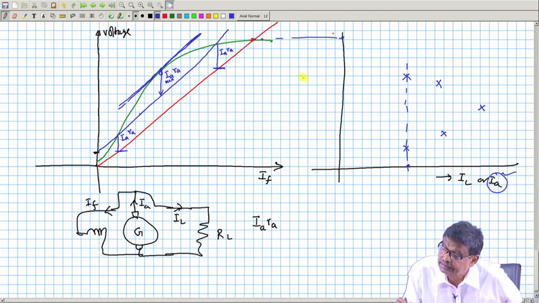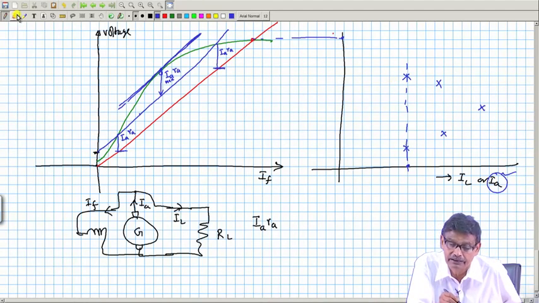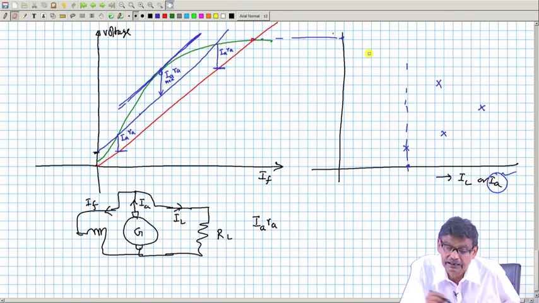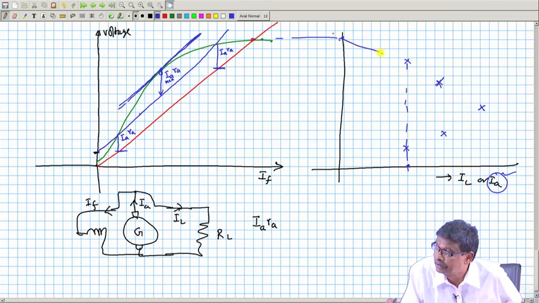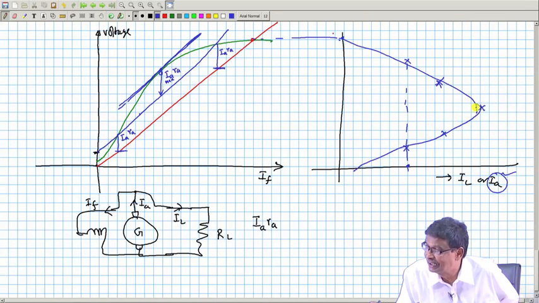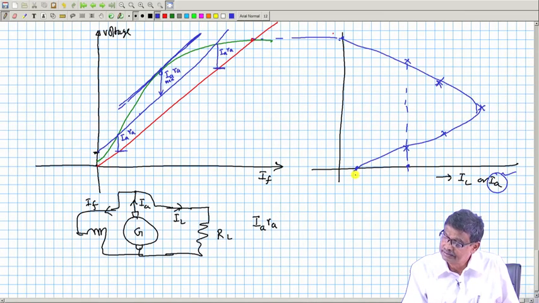and your characteristics will therefore, I will correct it a bit. This is the open circuit voltage, it may be here, it may be there. So, terminal voltage will fall like this, bend here and come at this point where it is V by RF.